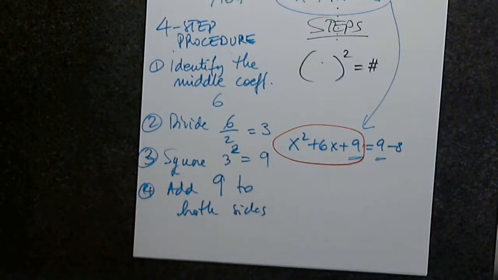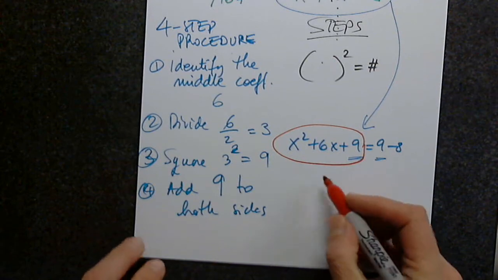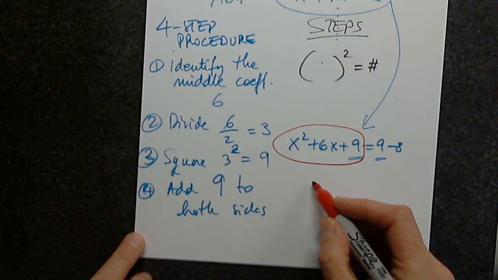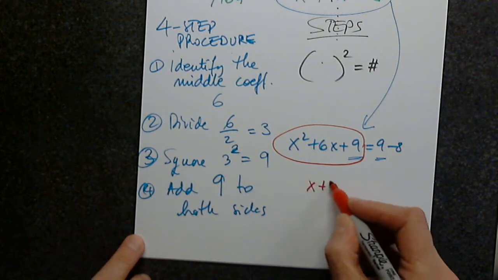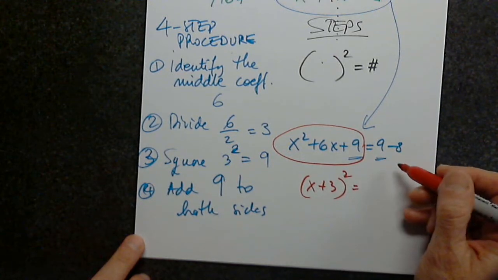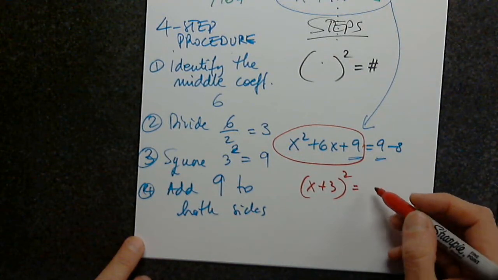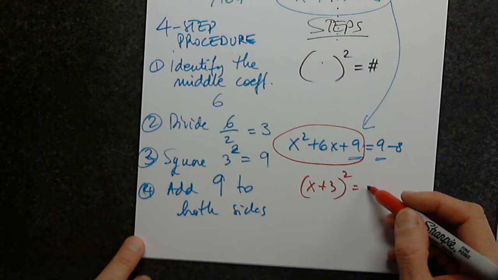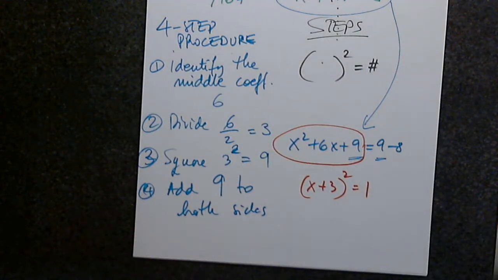So what is this? We had it a few minutes ago. X plus 3 squared. Very good. And the right-hand side is? Exactly.